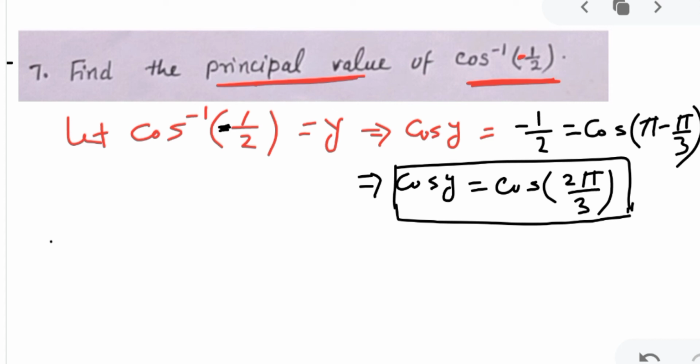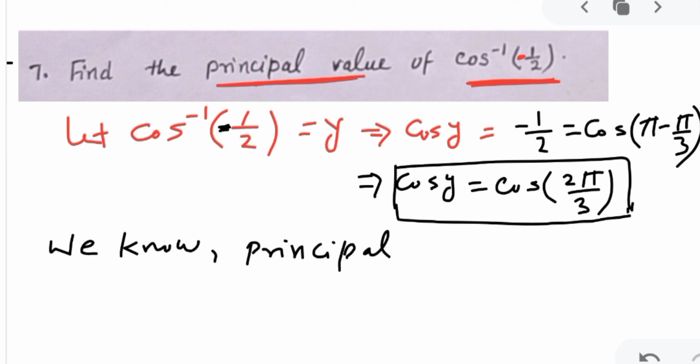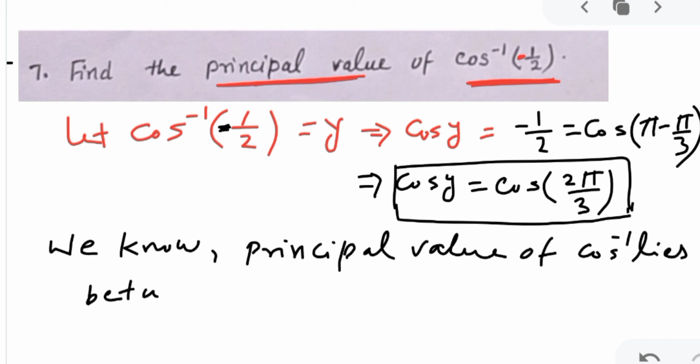So we know that the principal value of cos inverse lies between 0 to pi. This is the concept.